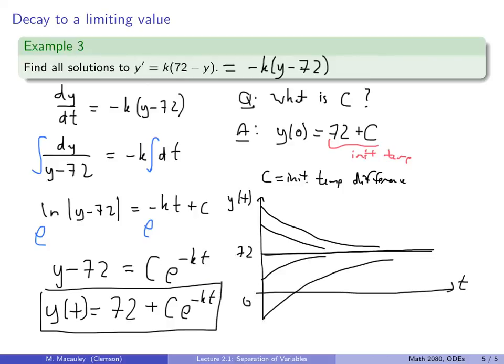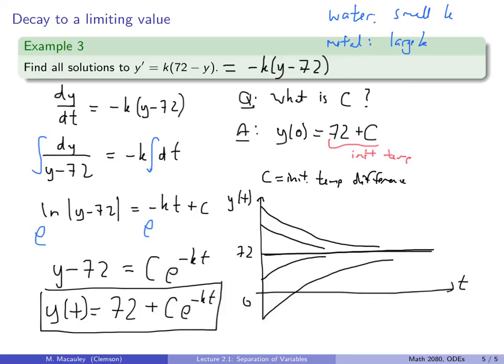So let's compare. Water might have a small K, and a metal pan or cookie sheet is going to have a large K.